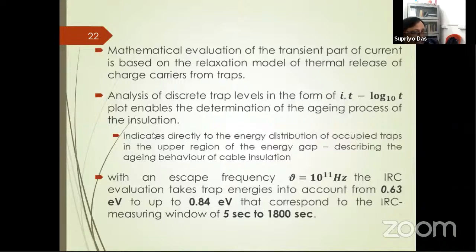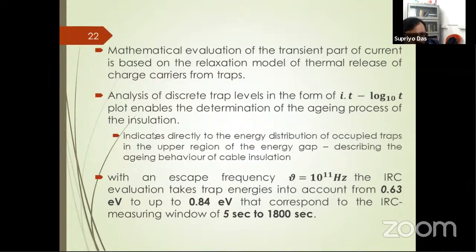This analysis of discrete trap levels in the form of this plot, IT versus log 10T, enables the determination of the aging process of the insulation. It basically indicates the energy distribution of the occupied traps in the upper region of the energy gap, that means in the shallow region, describing the aging behavior of insulation.